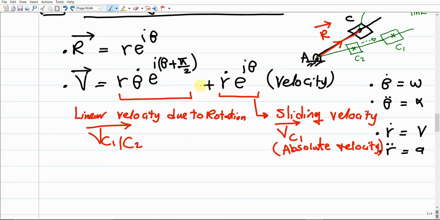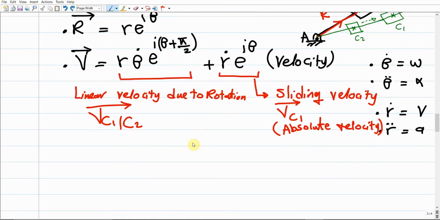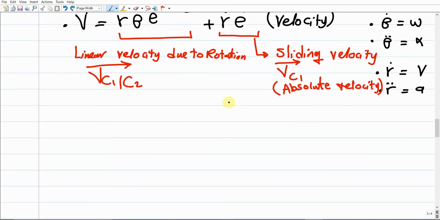So for example, if we represent the directions for the velocity, this is the position vector, there is the link, and this is the slider. Let us assume that this is the position vector, R vector.